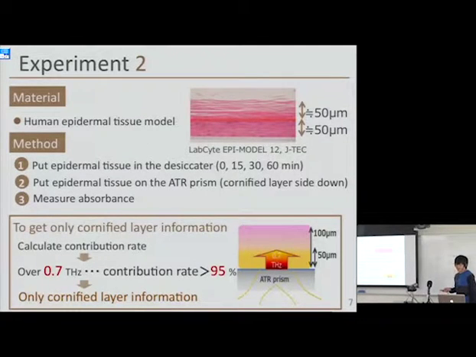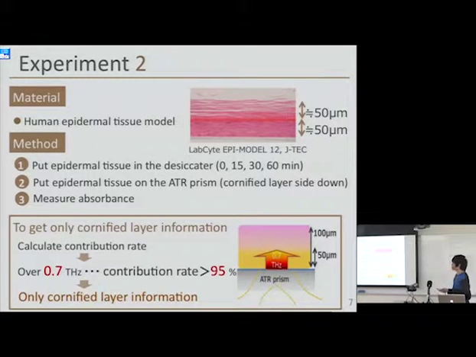Then I measured real epidermal tissue. I used a human epidermal tissue model for this experiment. The cornified layer is about 50 micrometers, and the other layer thickness is also about 50 micrometers.